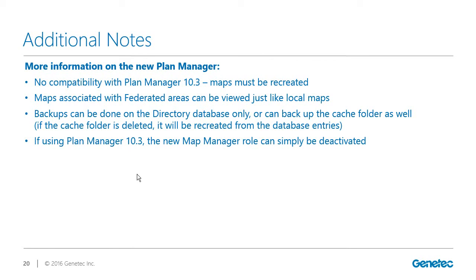A couple of new things in terms of the objects and the way that we're representing things on the maps. We can actually use federated areas. So if you federate a system and you have an area there and it's got a map associated with it, you can drag that into your tile and you can view it just like if you're on that local system. So that's something that's very nice.